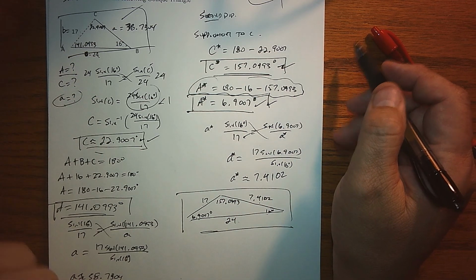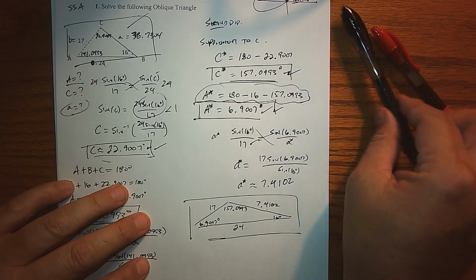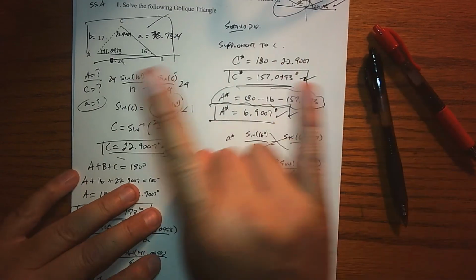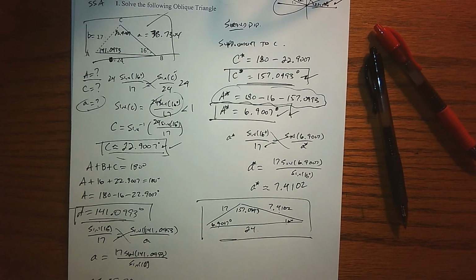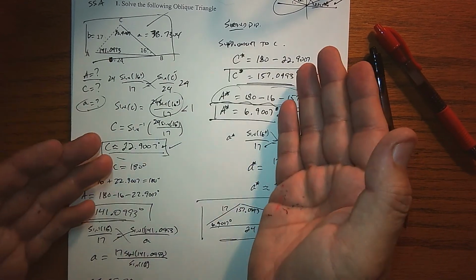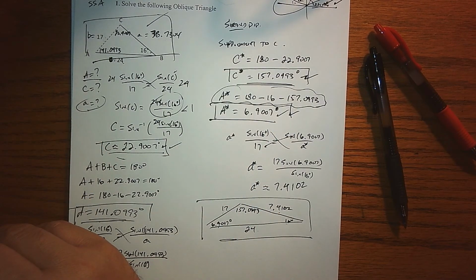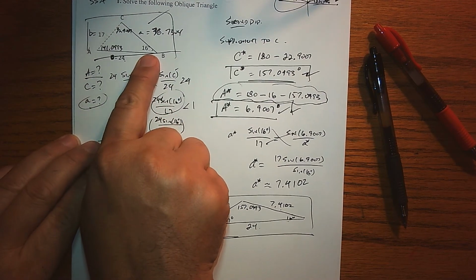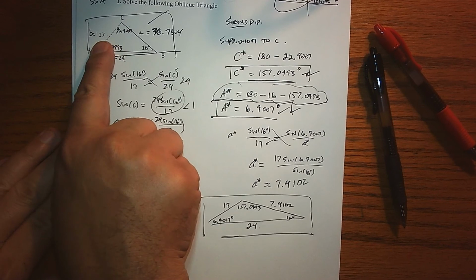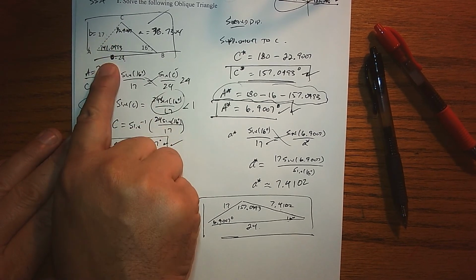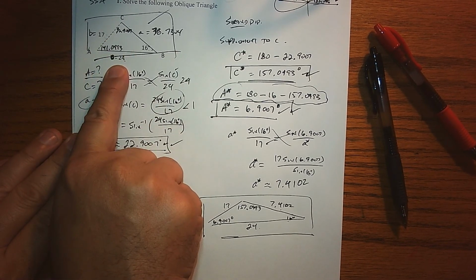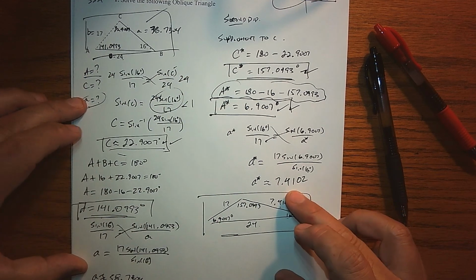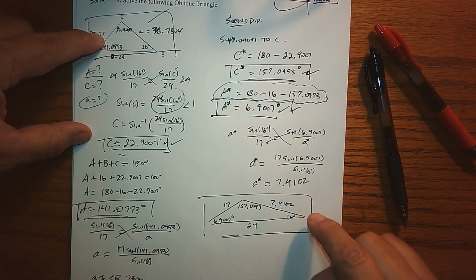Okay, so that one, the ambiguous case that we had, actually created two possible answers. Which one we use depends on the situation we want, or that we're observing. But there are two for a given angle of 16, a side opposite being 17 and a side opposite being 24. There's two possible triangles, this one up here and this one down there.